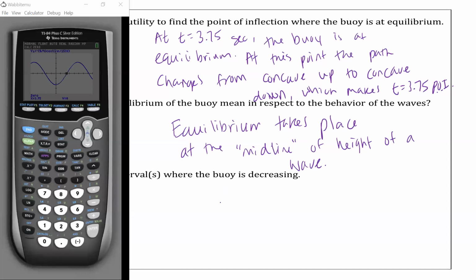Okay, so then it says identify where the buoy is decreasing. We did find the maximum, because that's where I was going with this. You're going to look at the interval, and I need to move my window over. Let's go to window.